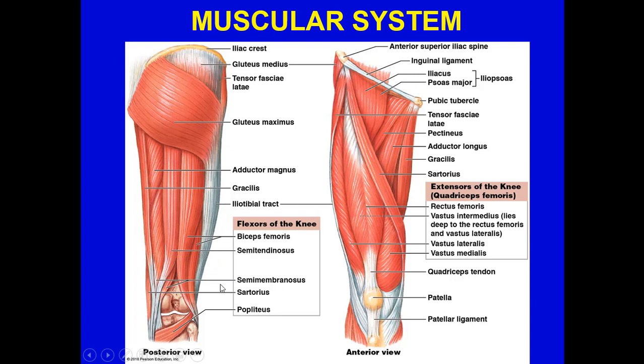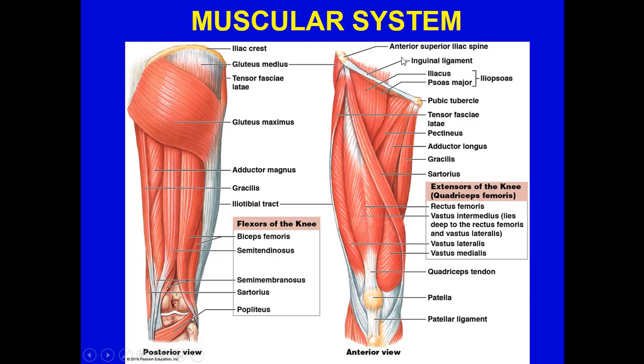Semitendinosus, semimembranosus behind here, right? So the membranosus is partly behind the tendinosus. And then we have the sartorius, which goes over the cross. Here's the sartorius here. And then the popliteus, which kind of connects from the lower part here up and around.